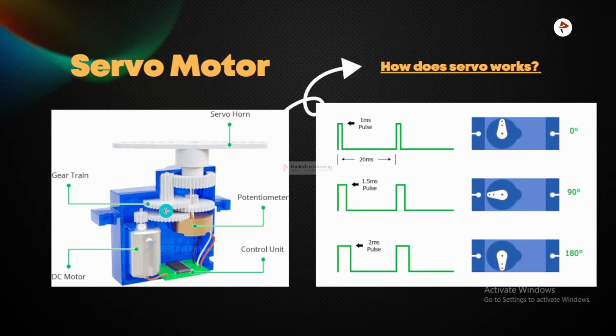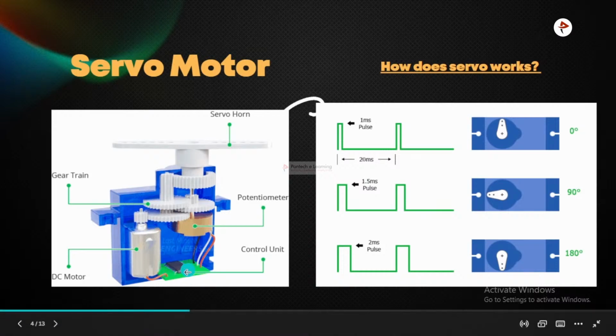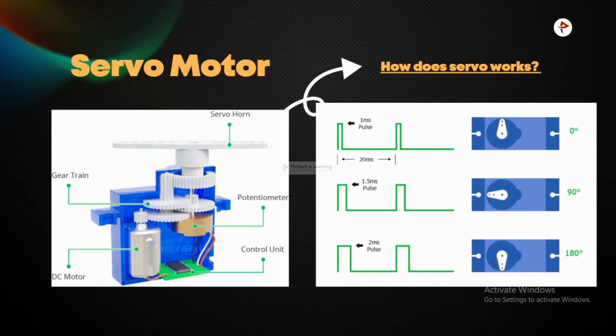You can see here, right? The output shaft drives a servo arm and is also linked to the potentiometer. So the potentiometer provides position feedback to the error amplifier in the control unit, which compares the current position of the motor to the target position. In response to the error, the control unit adjusts the motor's current position so that it matches the desired position.